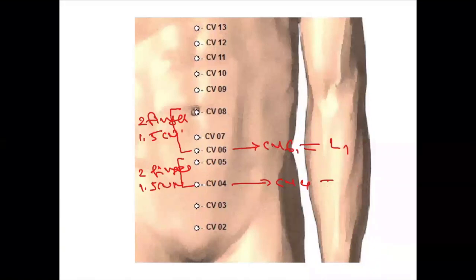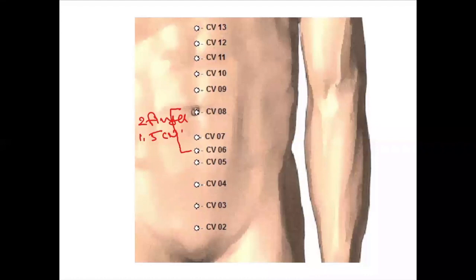As soon as he treated the area between CV6 to CV4, suddenly the patient told, my pain is gone. After 5 minutes, the patient told, I don't have any pain. And the most important thing, the pain didn't reappear again. So it was a very great incident in Dr. Bo's life. With this impression and influence, he discovered abdominal acupuncture.